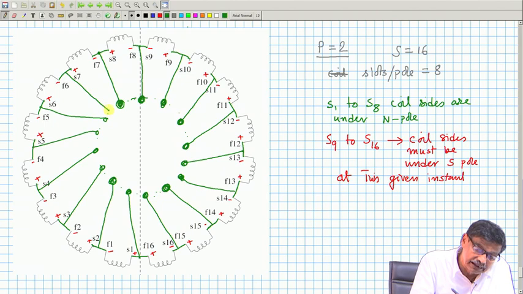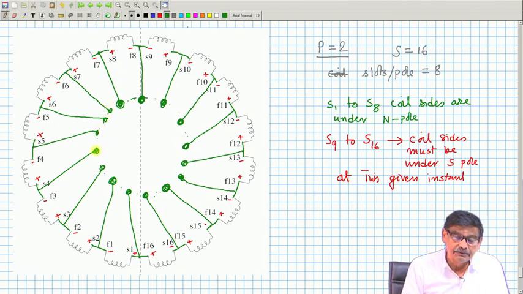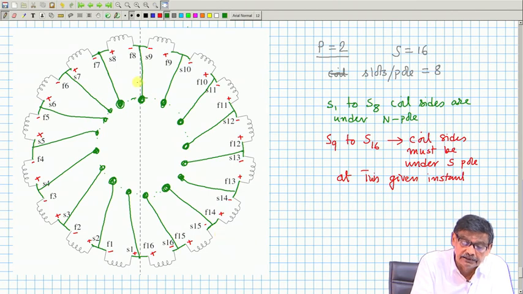And here will be another 16 coil sides. And then I will put carbon brushes in space, which will be fixed and will not be rotating. With the armature coils rotating, these copper strips too will rotate in a particular direction.